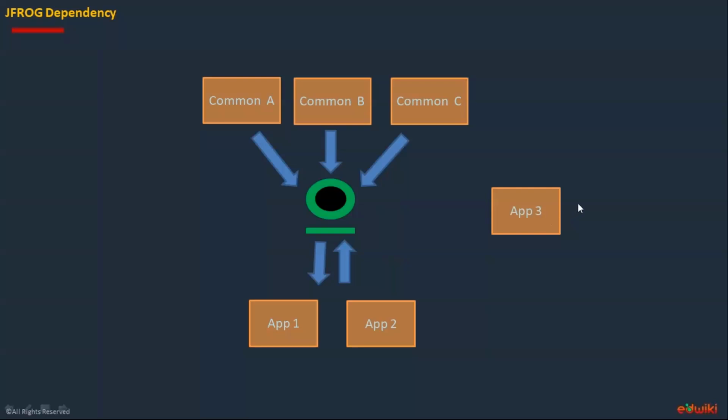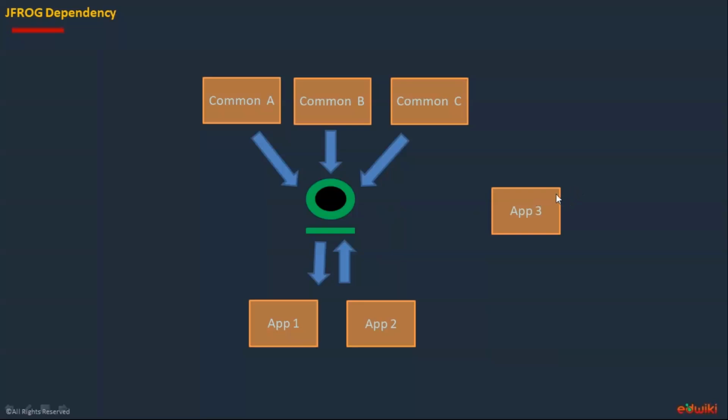When the developer is writing the source code for application 3, possibly it has some dependency on application 1. So in the application 3 pom.xml, the developer will mention that it needs a dependency, and the dependency is the artifact of application 1 that has to be downloaded from JFrog.